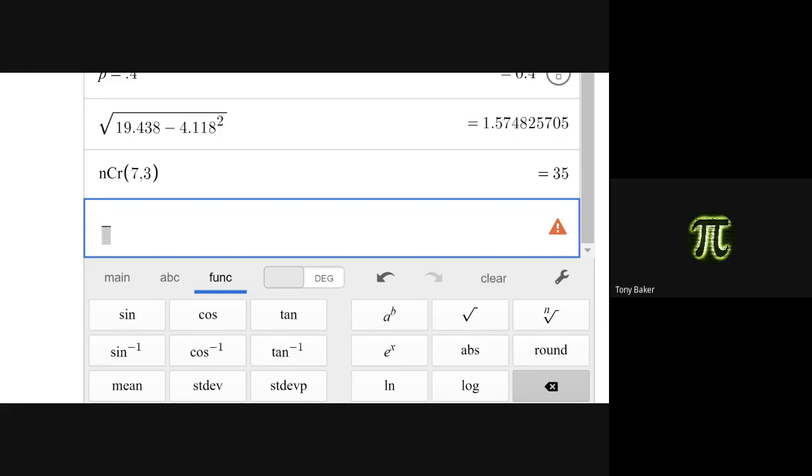You have to put parentheses around yours. Oh, you know what? Actually, you don't. You type in 7, then hit that, and then 3. Perfect. No problem. All right.